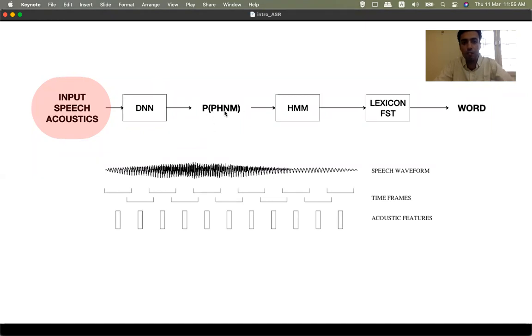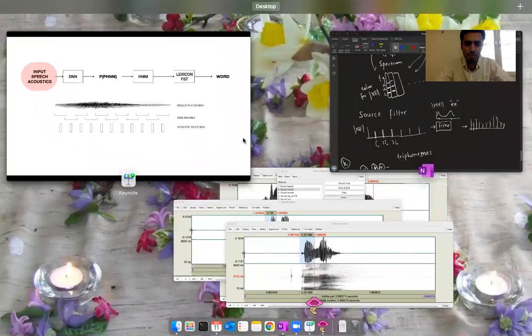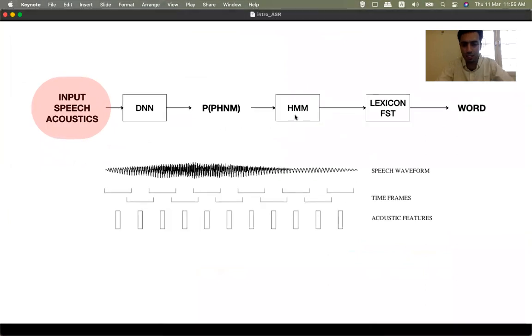Instead of saying probability of phonemes, now we are saying probability of these triphones. I think we will discuss that point later. Now we have to string together these triphones. We do it using HMMs. Let's discuss one by one. First of all, input speech acoustics.